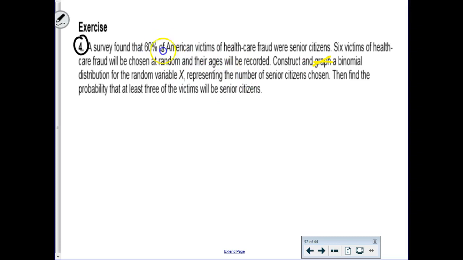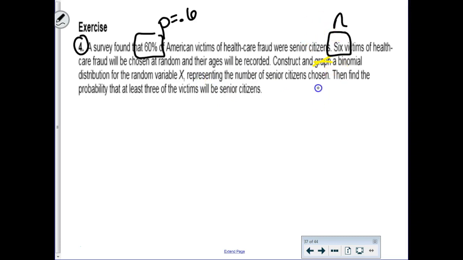A survey found that 60% of American victims of healthcare fraud were senior citizens. Oh, that's sad. Okay, so 6 victims of healthcare fraud will be chosen at random. That number right there is our N. We're going to call the probability of success 0.6, meaning that they were seniors. And X is the random variable of senior citizens out of the 6 we're looking at.